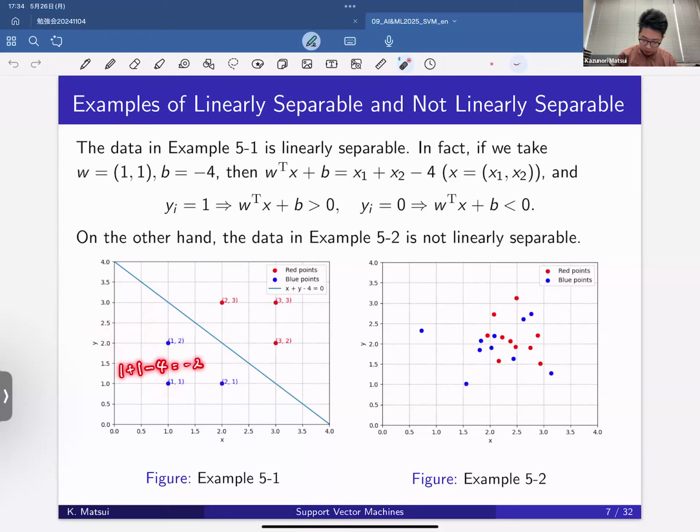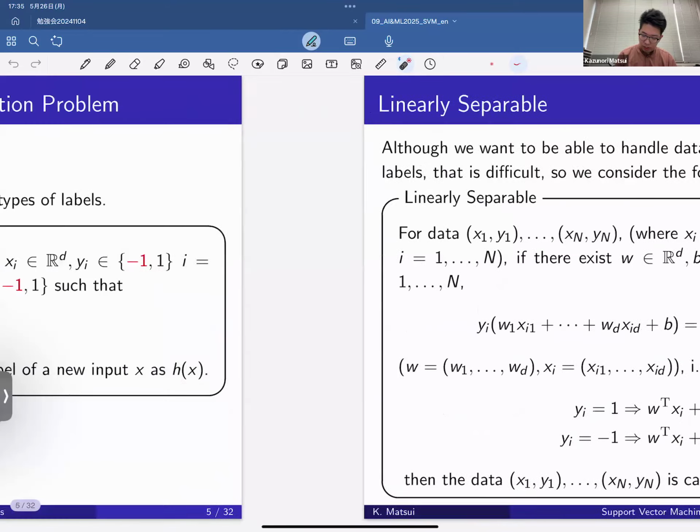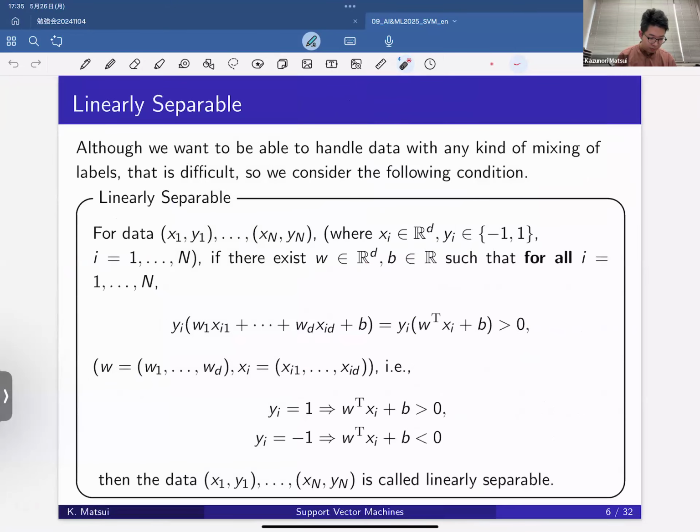This is minus 2, which is less than 0. So this is classified as minus 1. So this is what the equation we mentioned earlier means.